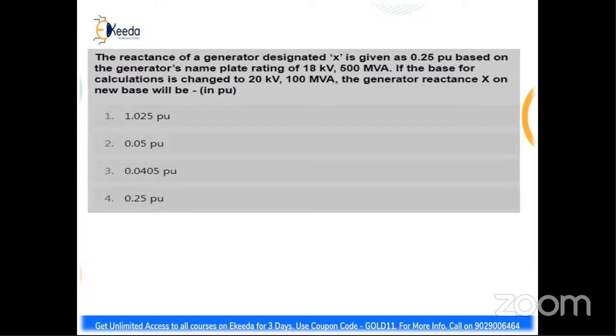So there are old values given. We have to find out the new generator reactance when it is changed from 18 kV 500 MVA to 20 kV 100 MVA. So now first let us write down the given data.